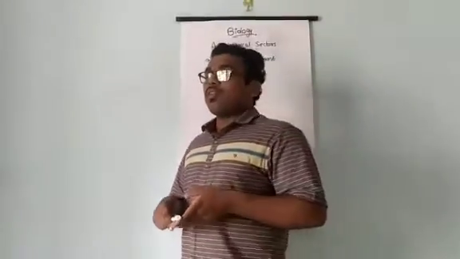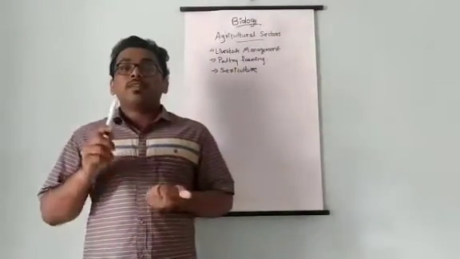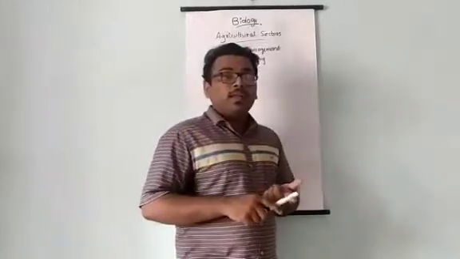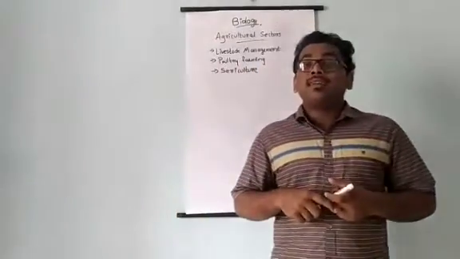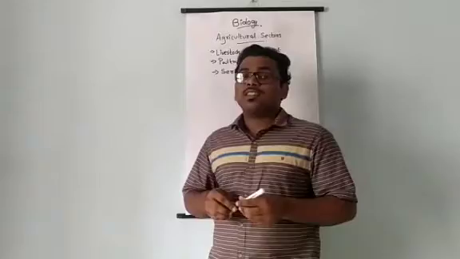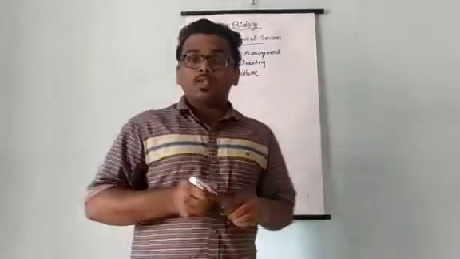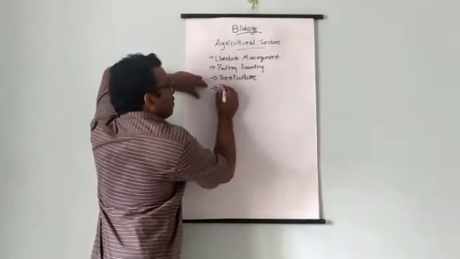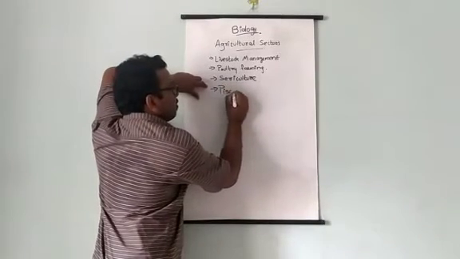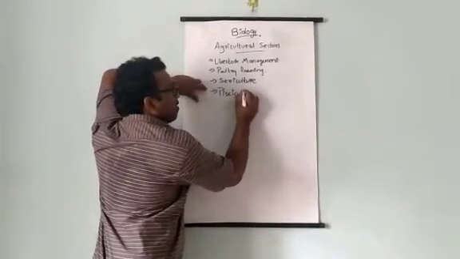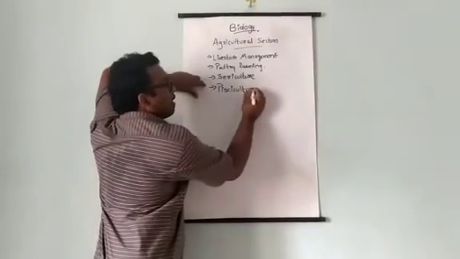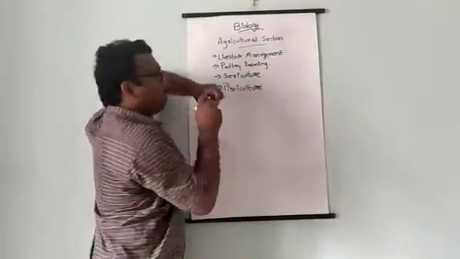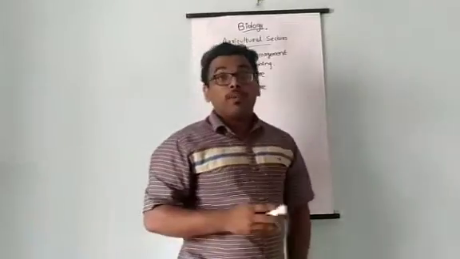Then goldfish, guppy, etc. are reared for ornamental purpose, as you have seen them in aquariums. So we were discussing pisciculture. Pisciculture is the rearing of fish for food and ornamental purpose.